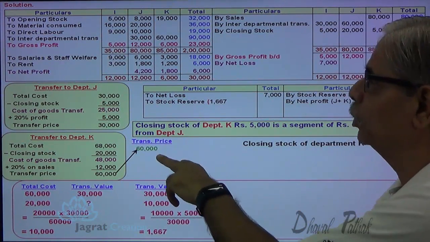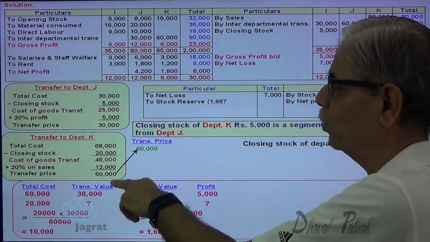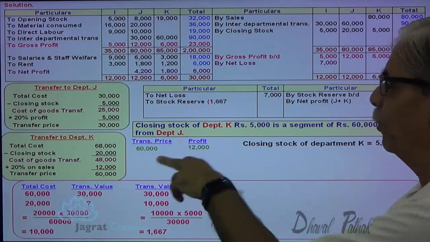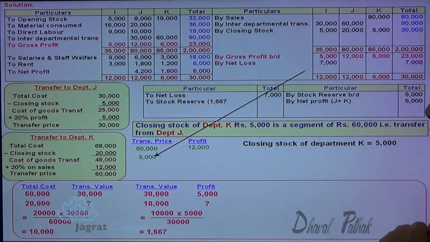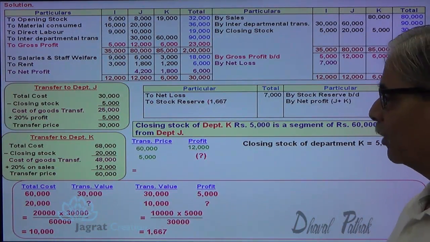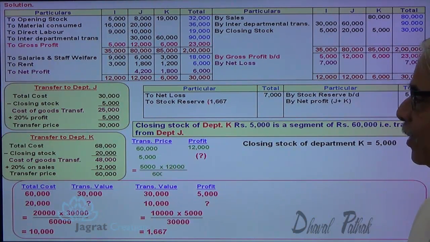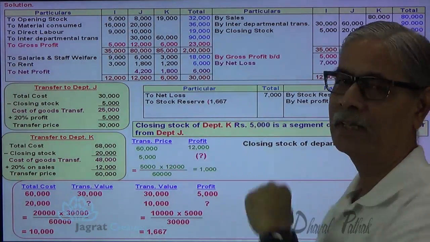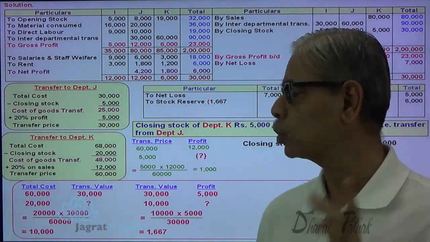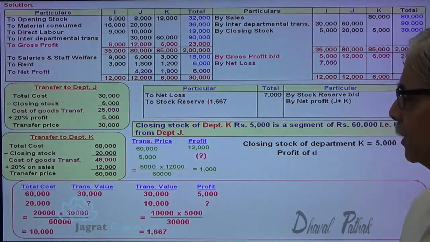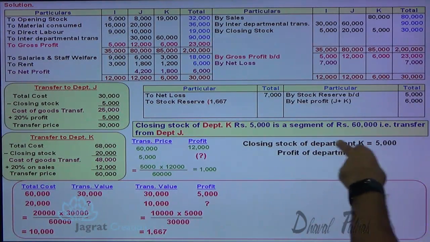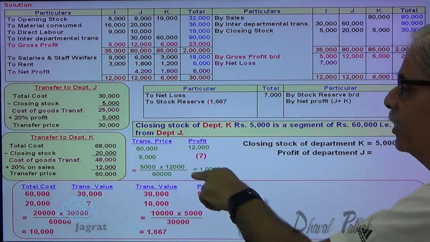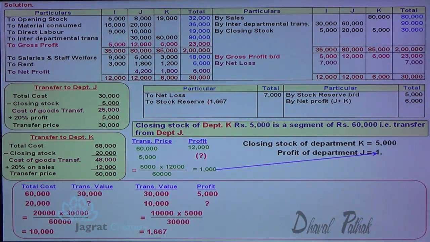What is the proportionate amount for this 5,000? That is the profit element included by J while sending goods to K. So 1,000. For closing stock 5,000, the profit element of J charged in it is 1,000.